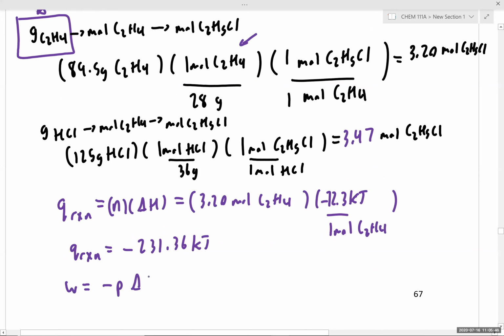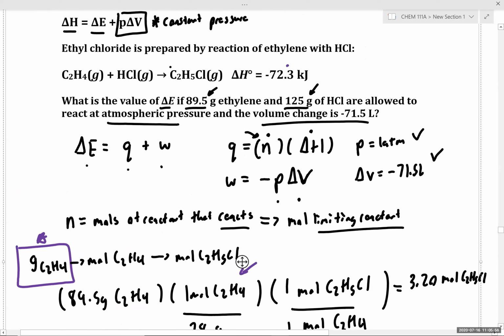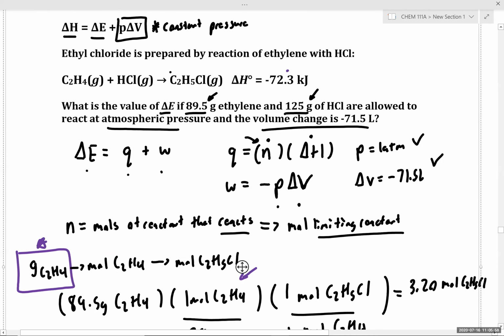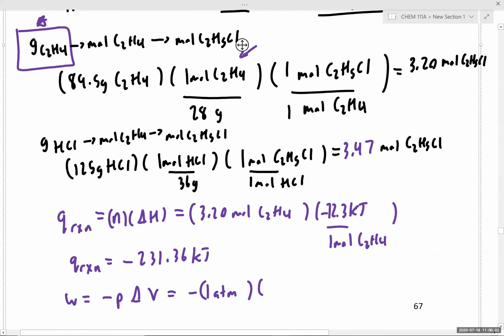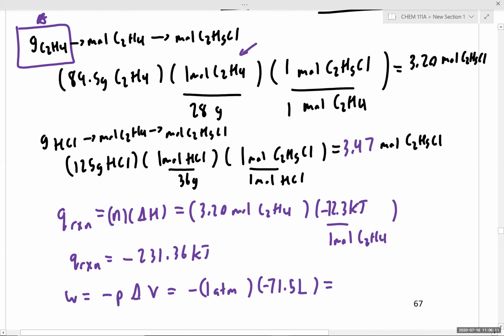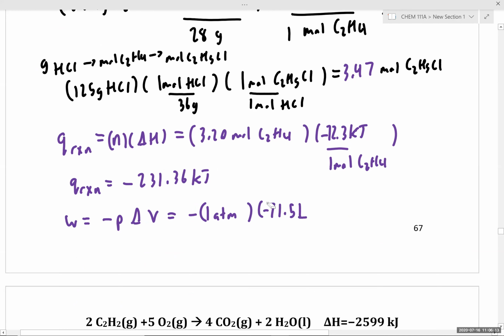Now we can calculate the work of our reaction by taking negative P delta V. Our pressure is 1 atmosphere, and we already know that in this equation, our volume change is 71.5 liters. Negative 71.5 liters. That gives us a pressure volume change in units of liter atmosphere, so we're going to convert this into joules.